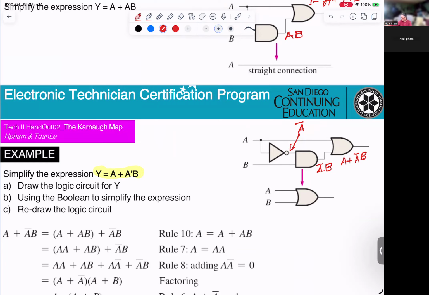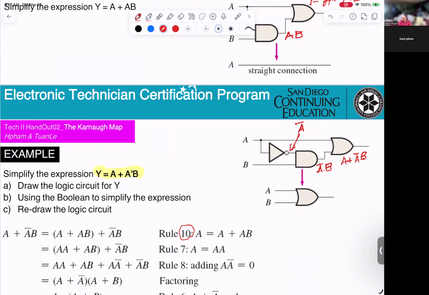So they are using the Boolean algebra to simplify the output Y equals A or not A B. You see, they are asking you the rules: A equals A or AB.